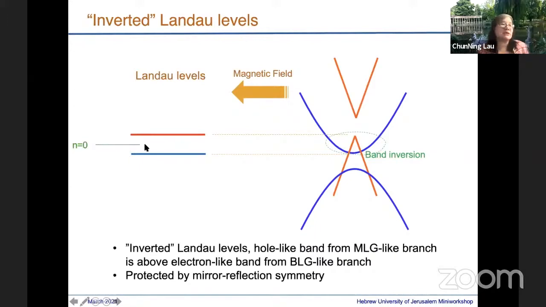So if we stay at charge neutrality in a magnetic field, we have this level inversion in the Landau levels, and because this is in the quantum Hall regime, the bulk is insulating. Now we have our essential ingredients to achieve helical edge states.